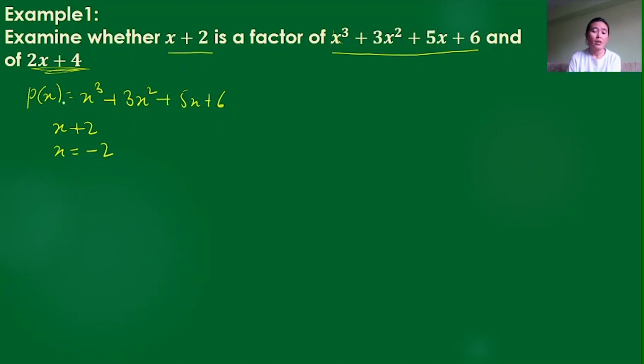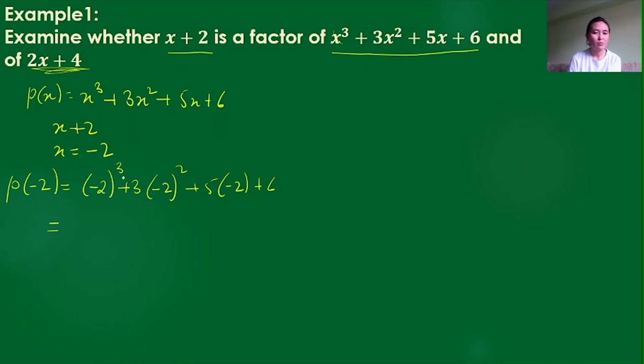So we'll find the value of the given polynomial at x equal to minus 2. So we write p of minus 2, which is equal to, now instead of x we'll write minus 2 raised to the power 3 plus 3 times minus 2 raised to the power 2 plus 5 times minus 2 plus 6. So you'll get minus 2 cube.